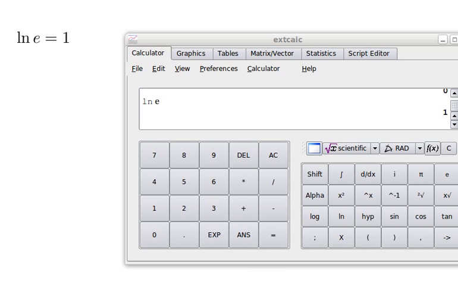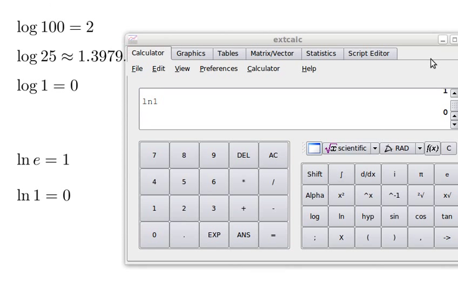Okay, so natural log of 1 equals 0, and that, again, makes sense. It's just like what we had before. We had common log of 1 equals 0. So natural log of 1 also equals 0, because e to the power of 0 will give you 1.